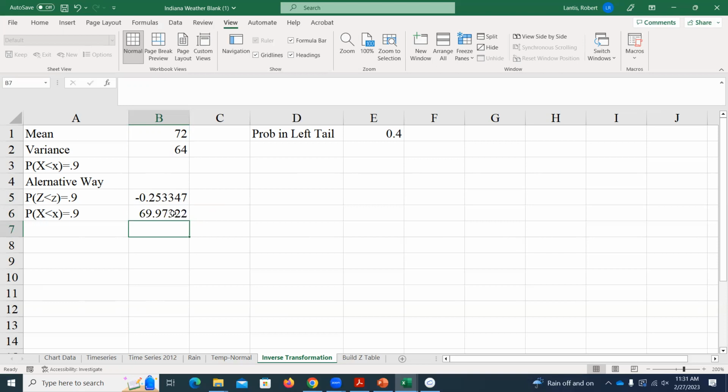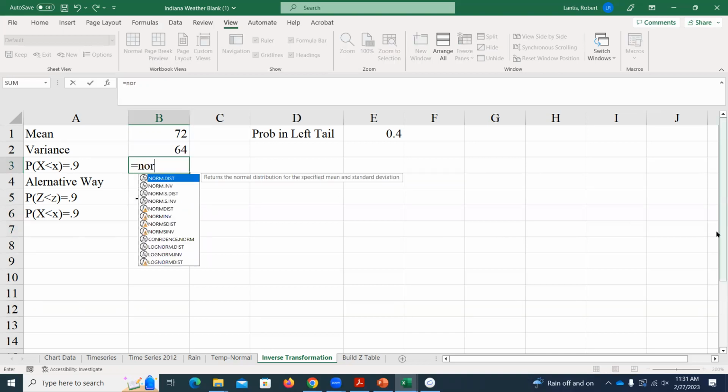All right. So let me show you the quicker way. Just like where we have the norm.s.dist, and we could break it down by steps, we said, well, norm.dist does all the work behind the scenes for us. Similarly, instead of using that norm.s.inv to kind of match up with how we would have to do it by hand, we could use just the norm.inv, which essentially says, okay, look, what area do you want in the tail?